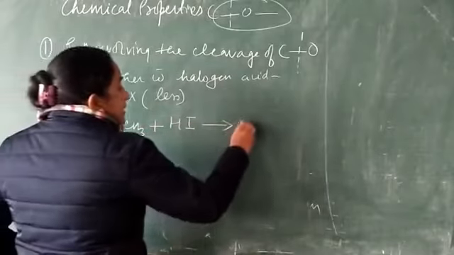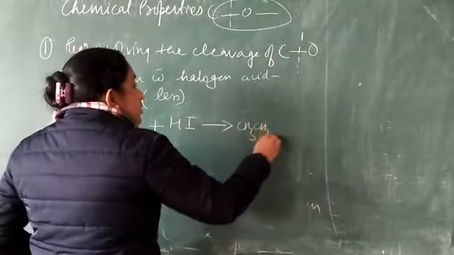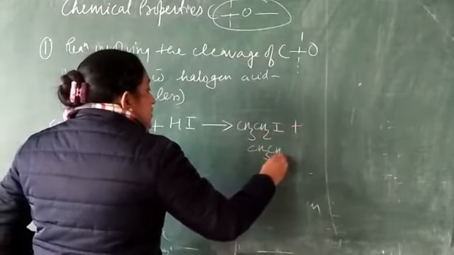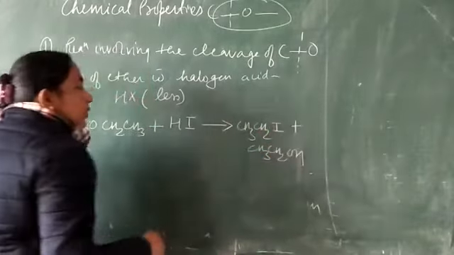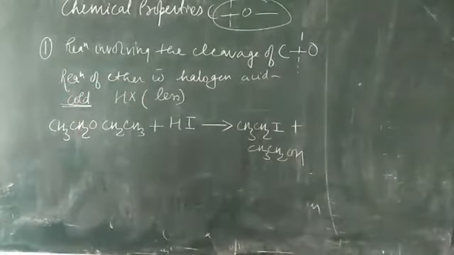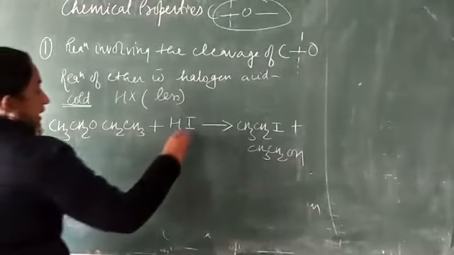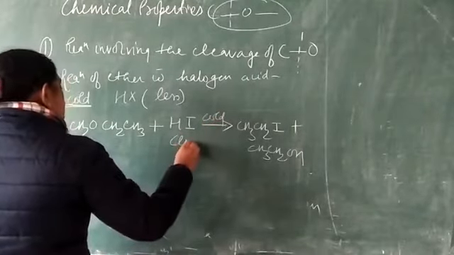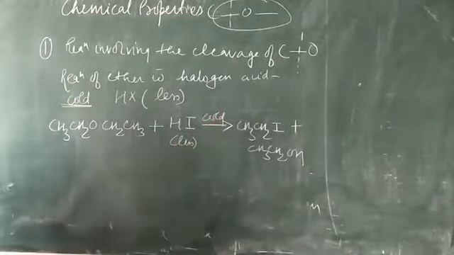That time we will get CH3CH2I plus CH3CH2OH. That means we get an alkyl halide and an alcohol formed, right? And here the temperature is low and HI is present in less quantity.